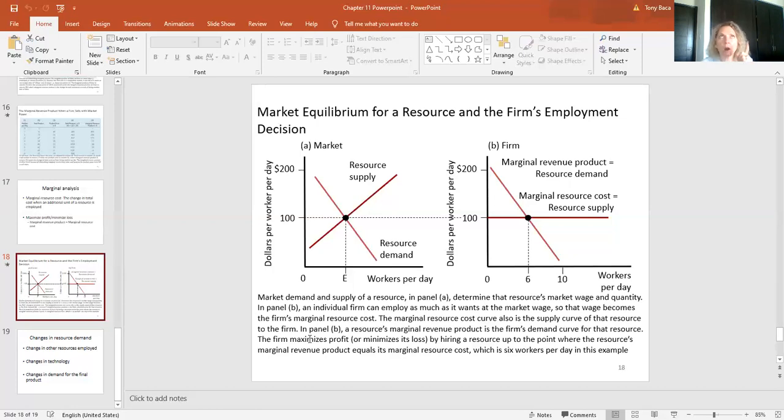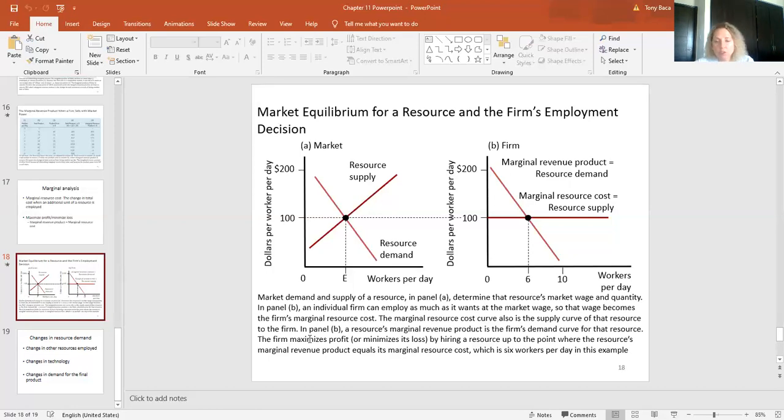Remember, a resource's demand is derived from what that resource produces. So this brings it full circle: marginal revenue product becomes resource demand because it is the production that a resource does for you that determines how much you want of it.